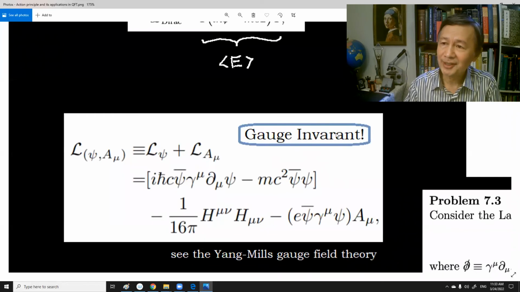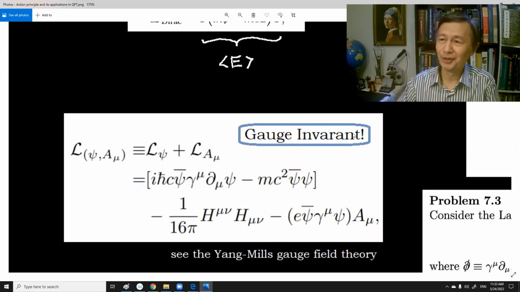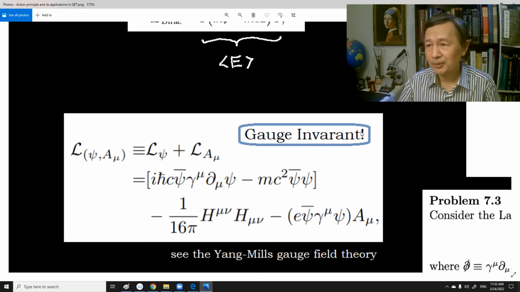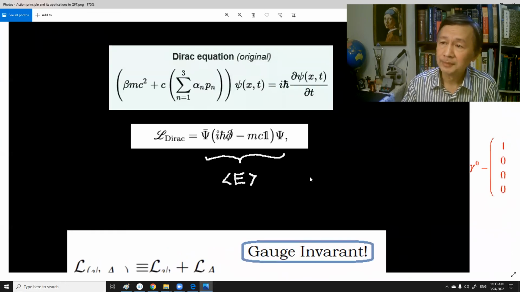Whenever you see this stamp, just like when you go to the immigration office and get a stamp saying you can stay permanently, whenever you see this stamp, gauge invariant, you know that this form is more general than the original form derived from the Dirac equation.